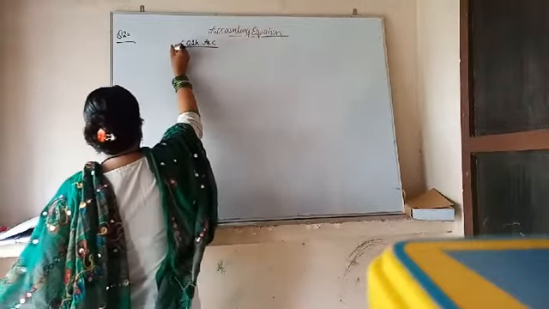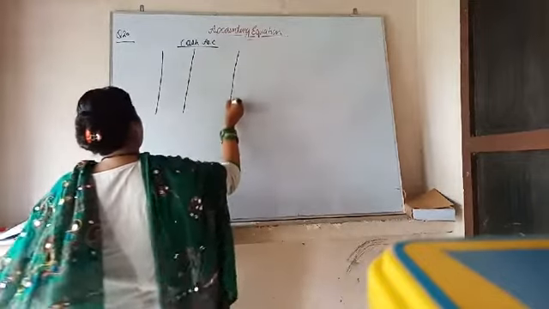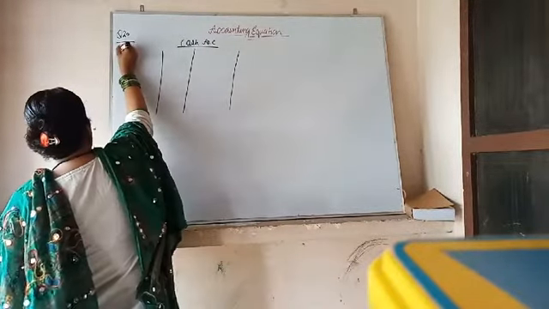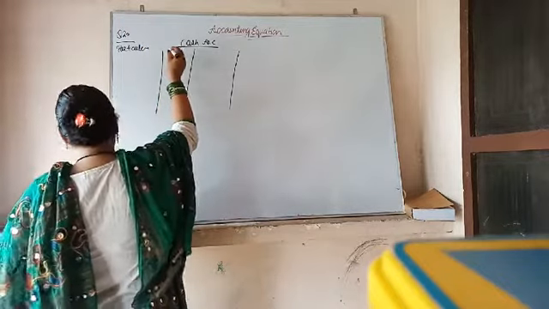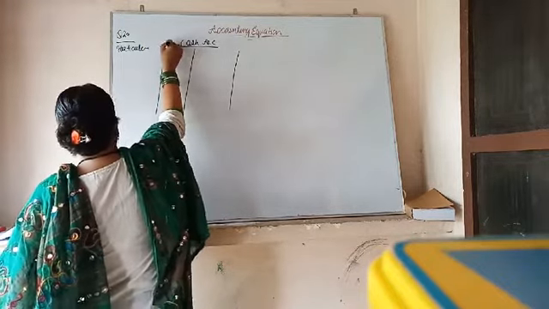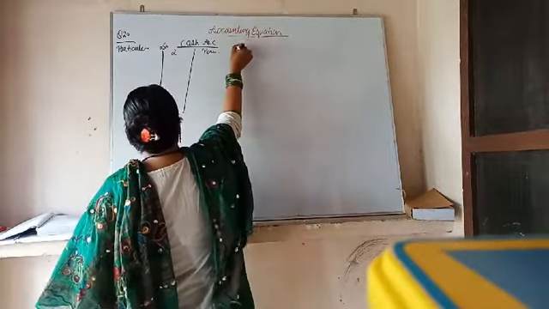For the cash account, the process is this: particular, amount debit, particular, amount credit.